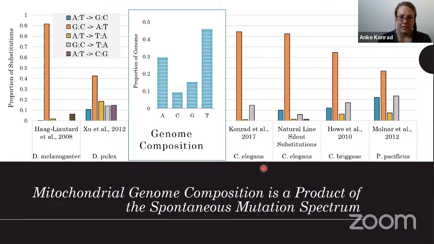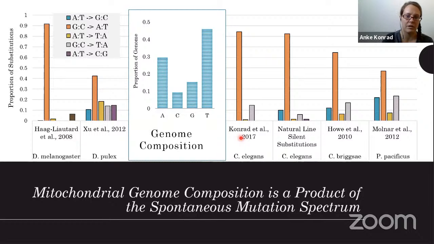And the genome composition of the mitochondrial genome itself, which is very AT rich, seems to be a product of the mutational spectrum itself, which is primarily G to A and C to T transitions.